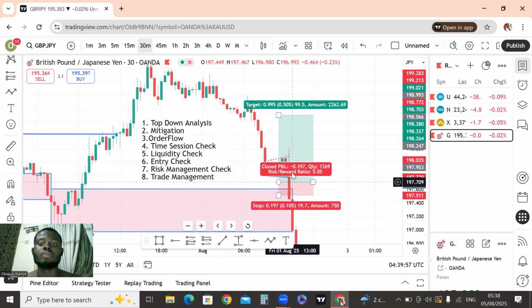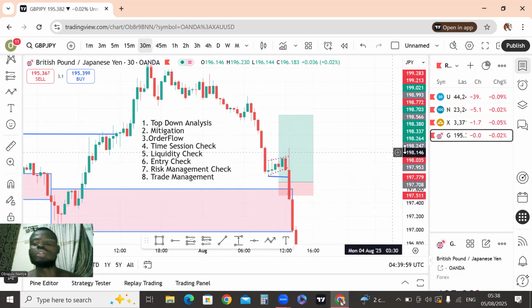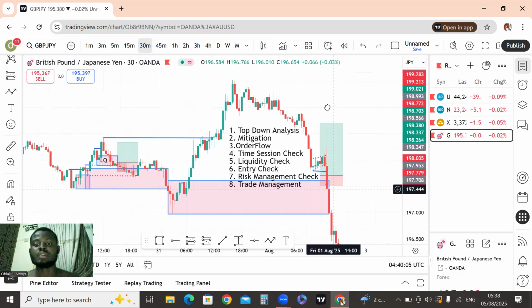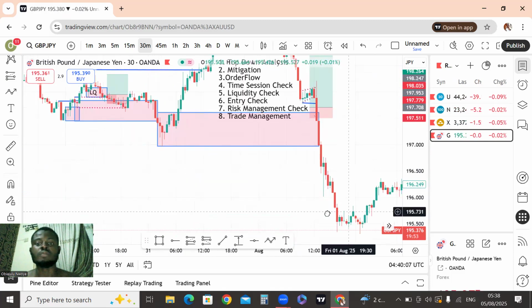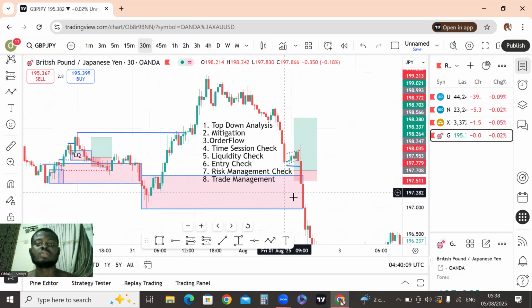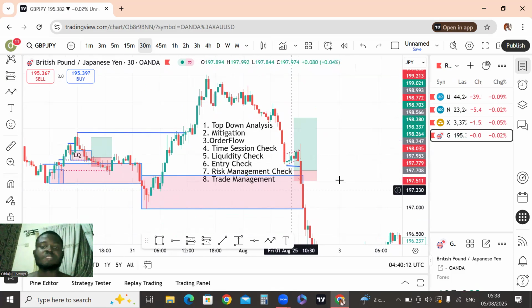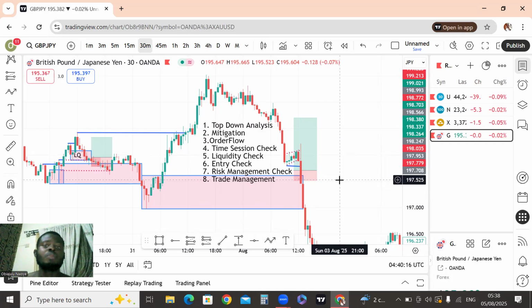I'd just wait for a re-entry, which never happened. You can see that the zone eventually failed, and price just went all the way down. So I wouldn't have partaken in this trade. But I did because of FOMO, guys. I should have waited, but because of FOMO, I wanted to be part of the trade. I just took the trade.